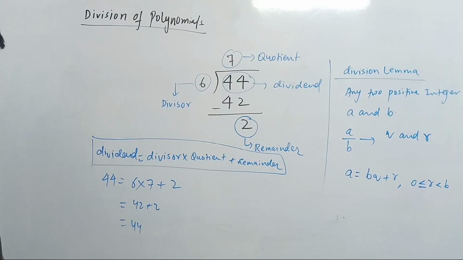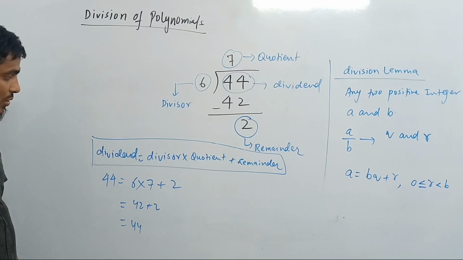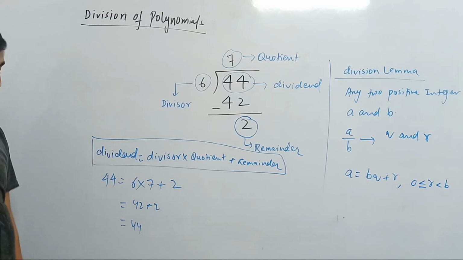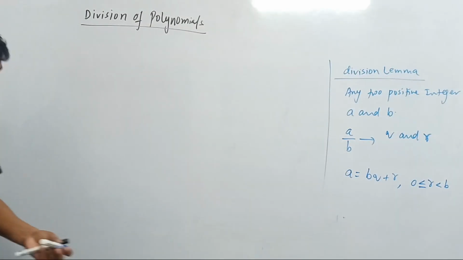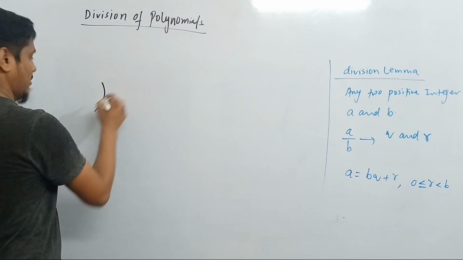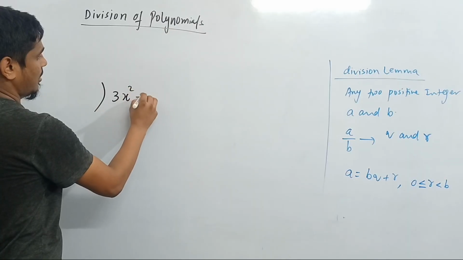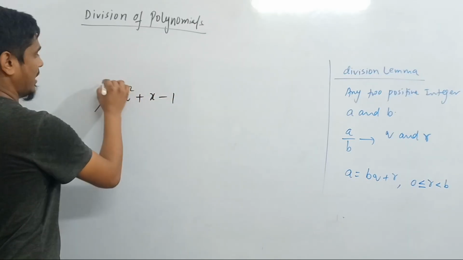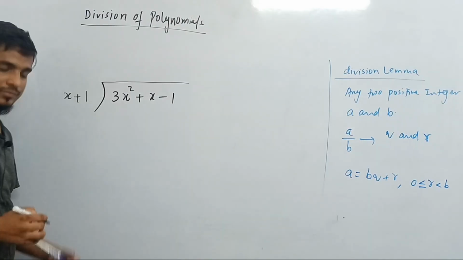So let me take a few examples of division of polynomials, and then we'll explore how we can divide polynomials and how we can use this result. For example, I'm taking this polynomial 3x square plus x minus 1, and I'm dividing this by a linear polynomial x plus 1.